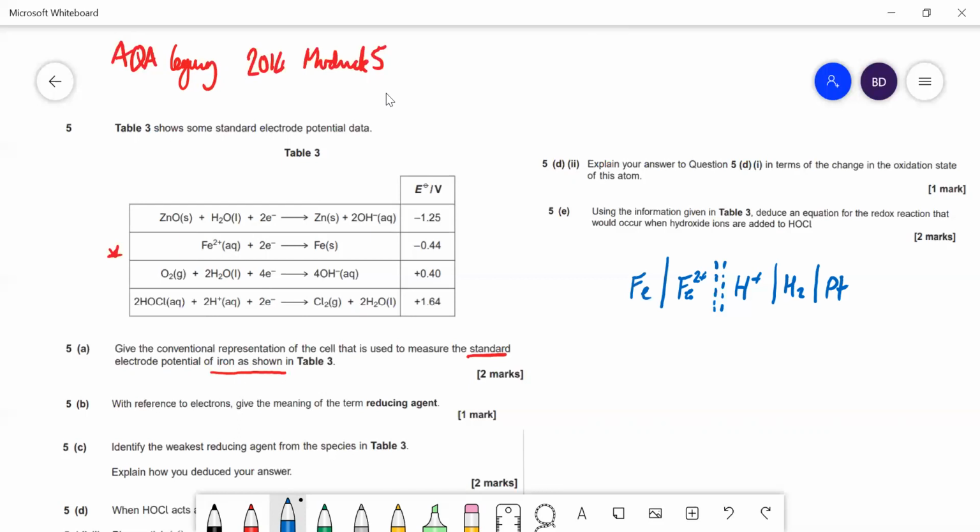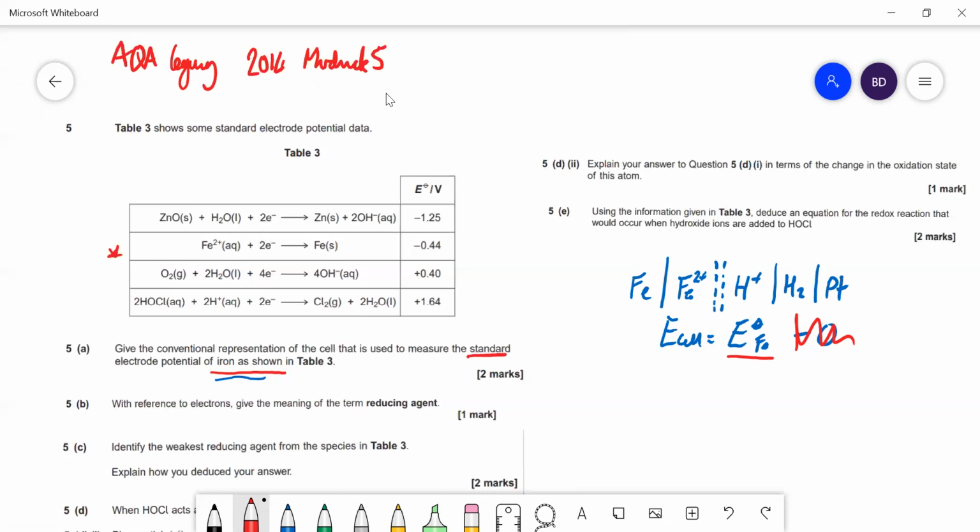We don't need any platinum there, and that's it there. Okay, and E cell of that would be equal to the standard potential for the iron, and of course the hydrogen one is 0, so 0 minus 0, we can just forget about that 0. The E cell is the standard potential for the iron.